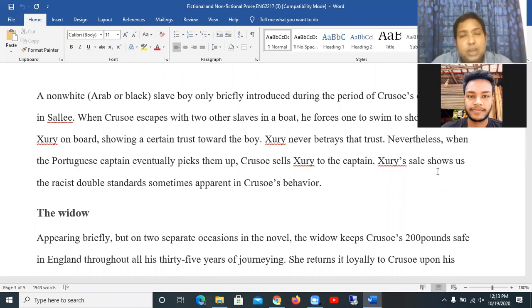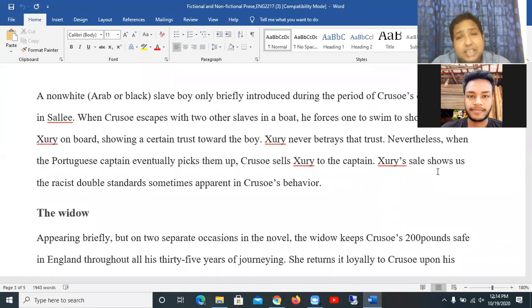So when they were captivated in the Moroccan port of Salee, it was their routine that every day they had to go fishing. That is, the pirates let them go fishing, and two bodyguards were there with every captive person.